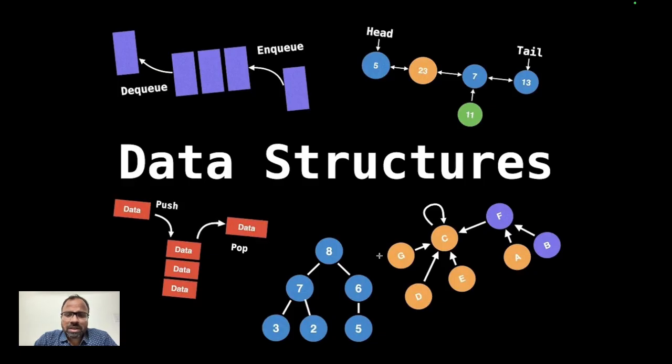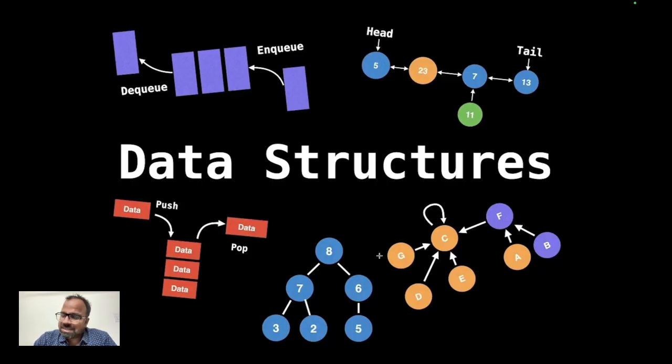Fiction books in one section, science books in another, and textbooks separately aligned. Why? Because organized data is easy to find, easy to use, and it saves time. That's exactly what a data structure does, but for your computer program.